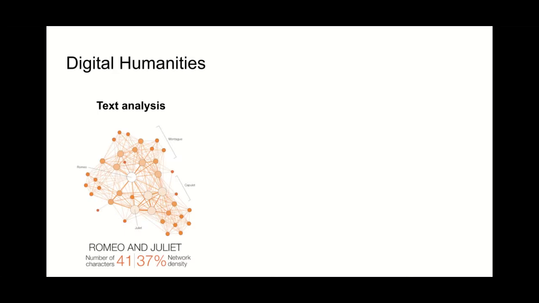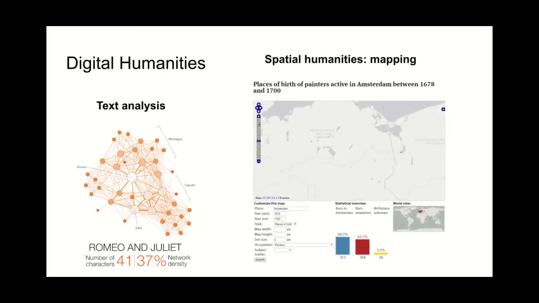So analyzing the text and coming to conclusions via computational methods instead of simply the individual act of reading. Another method is spatial humanities, using GIS or other mapping software to shape narratives and answer humanistic questions. It's a different form of visualization than simply writing text about a subject to illustrate a point.